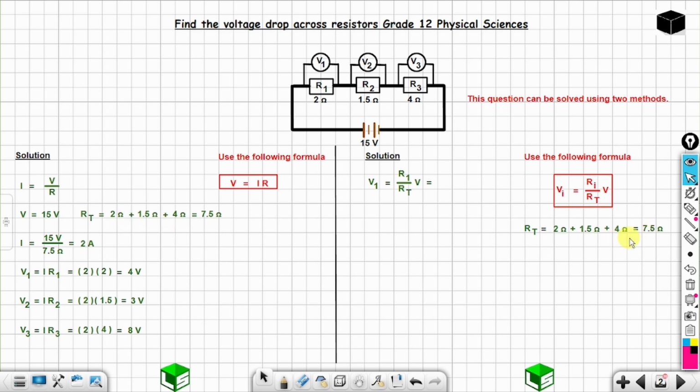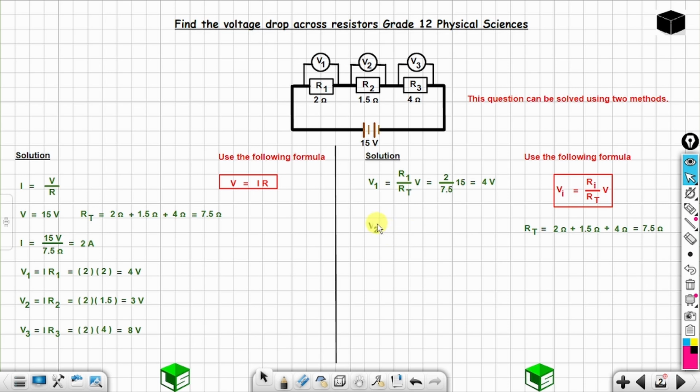Now V1 is equal to R1 over total resistance times the voltage. This is equal to 15 divided by 7.5, which is 2, times 2, you're going to have 4 volts.